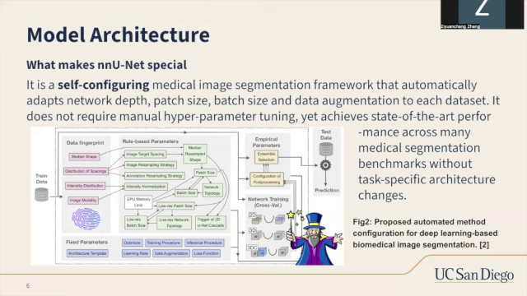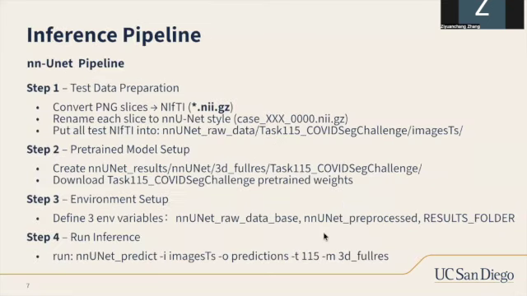Along with that, there are some fixed parameters that never change, like the core architecture. Then nnU-Net runs up to 3 setups, does 5-fold cross-validation, and picks the best model and post-processing by itself. For some public datasets, nnU-Net even provides pre-trained weights, for example, Task 115, and we will use it later.